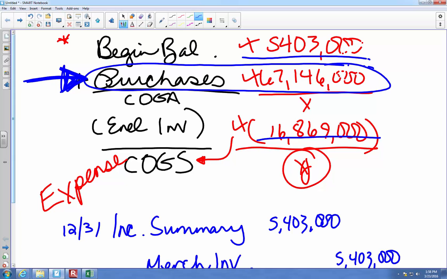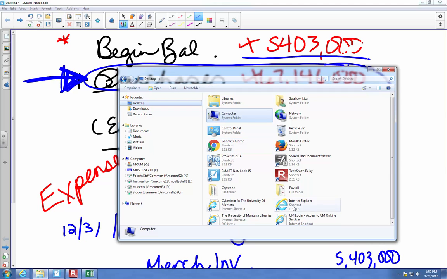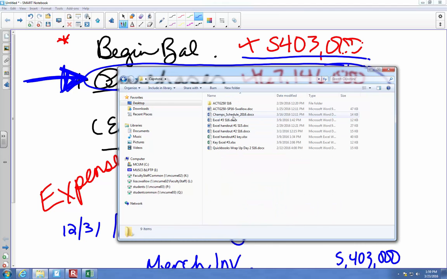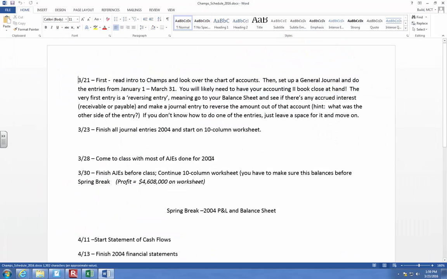I think the only other thing is I asked you for Monday, let's just take a quick peek at the schedule here. You've got to get your ledger done first before you can take it to your unadjusted trial balance. You've got to finish posting that.